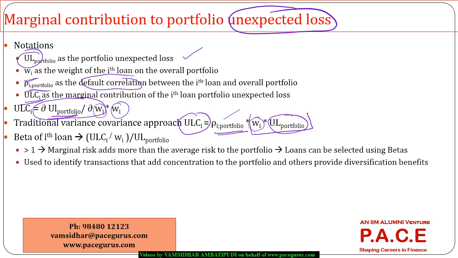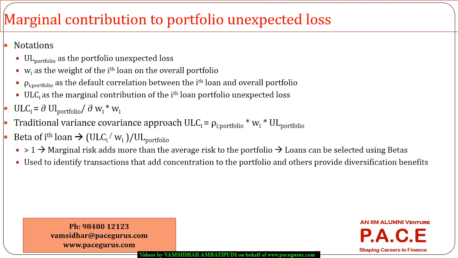Here, if you see, this part is nothing but the proportion of the unexpected loss of the portfolio based on the weight, and we are multiplying it with the correlation between this particular security and the overall portfolio.